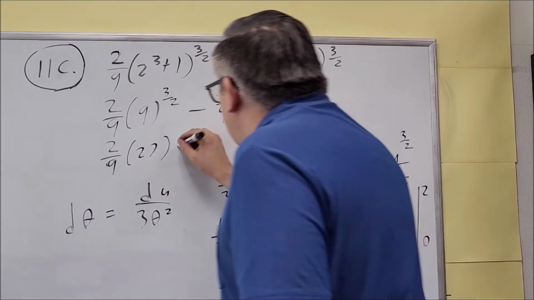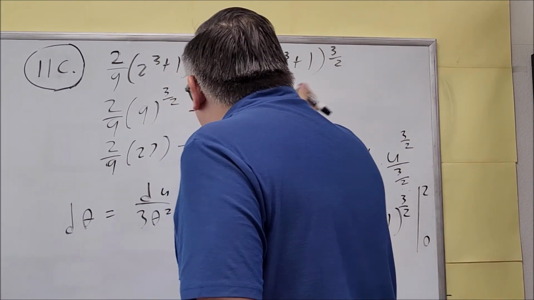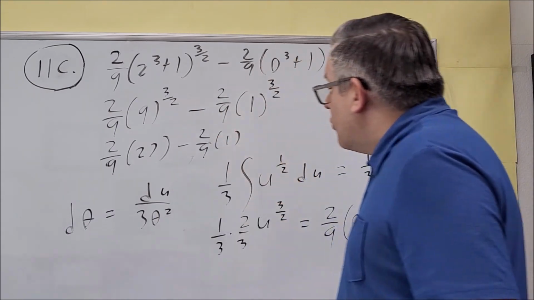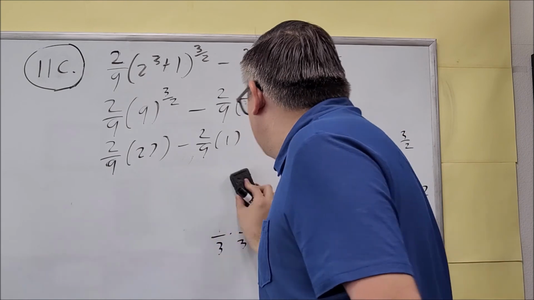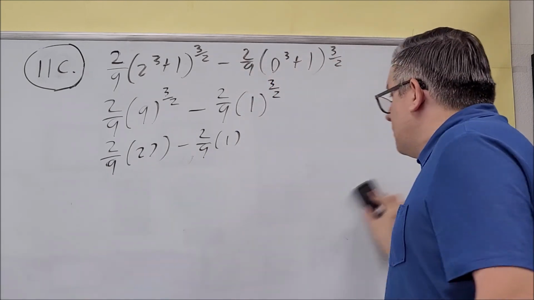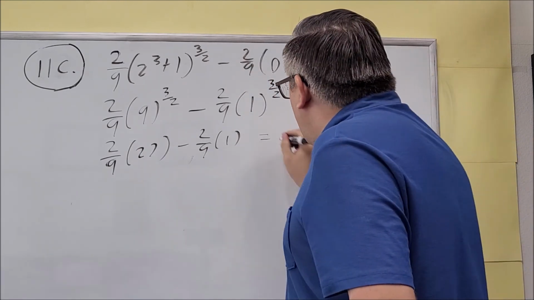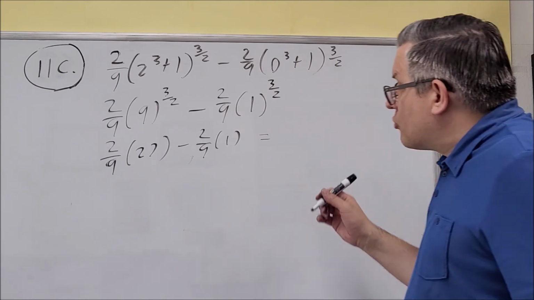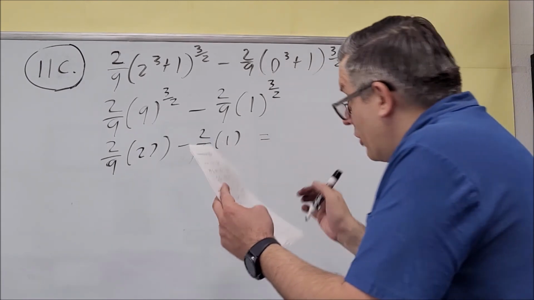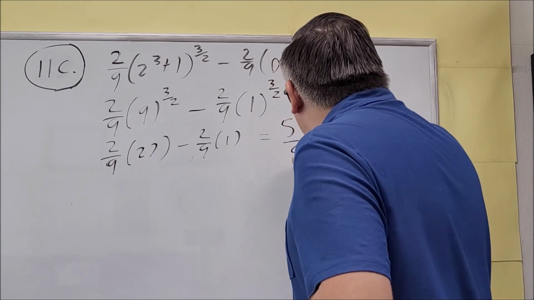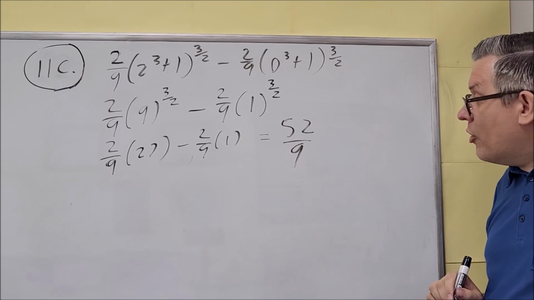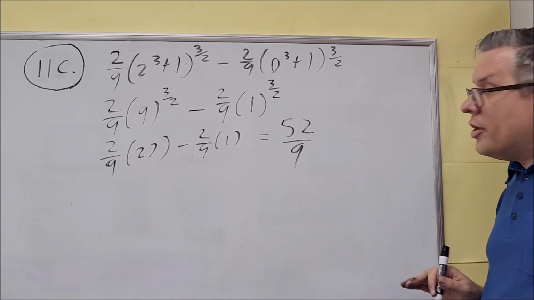And then the other one's just going to be 2/9 because 1 to the 3/2 is 1. So now you just want to put that into your calculator. For each of those, once you put all that in there, the final answer here will be 52/9 when you get common denominators, or again, you can just use your calculator for that one. But this right here would be your final answer.